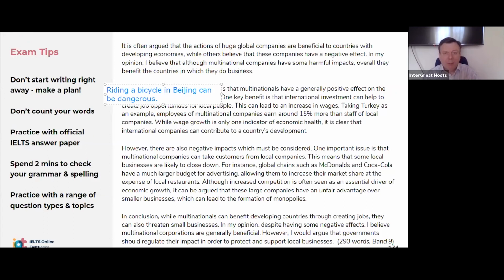Now you have to remember, a topic sentence has two parts. It's got the main idea and it has the controlling idea. So if you have a look at that, I'll move it down so you can see it a bit clearer. So what's the main idea in that topic sentence?